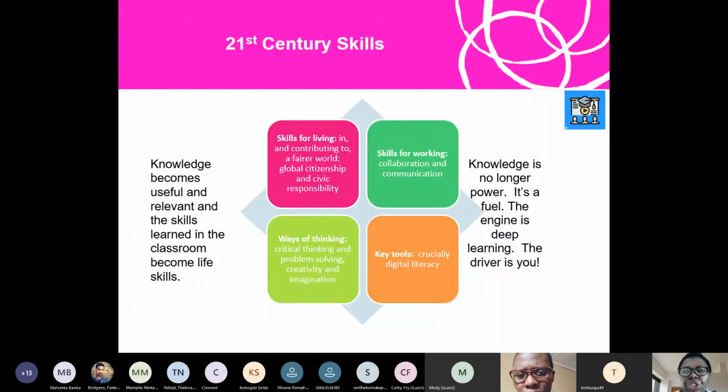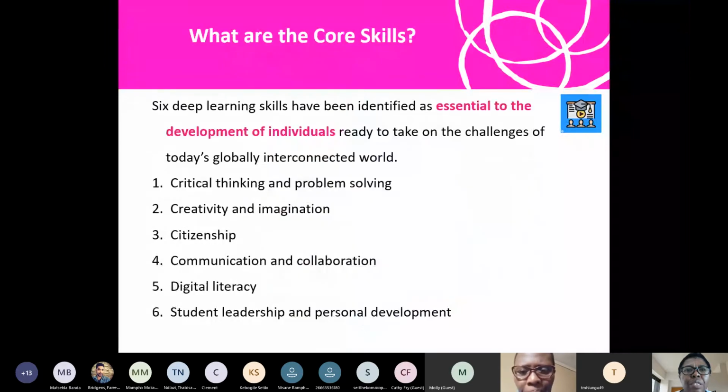It is an engine for deep learning. The driver is in you. So it becomes very, very critical that we give our learners in all grades the 21st century skills, because that's the fuel that is going to assist them.